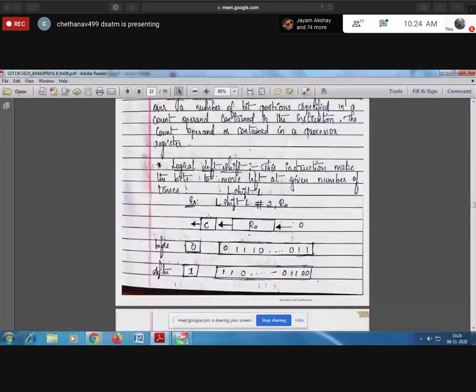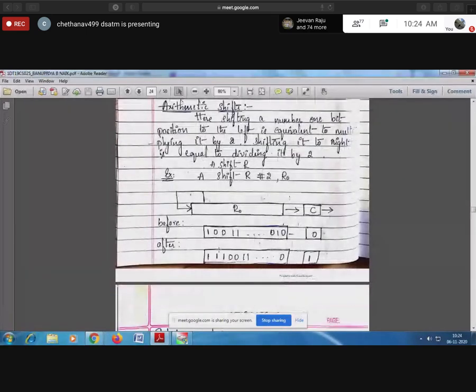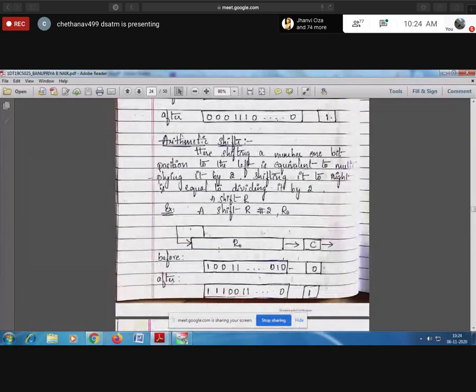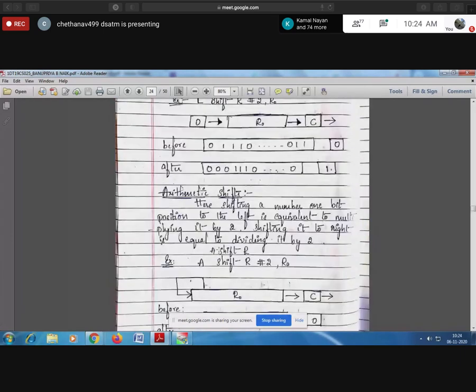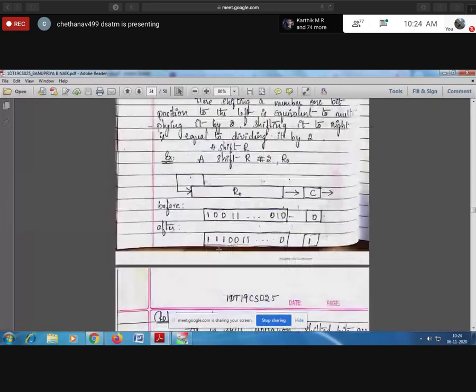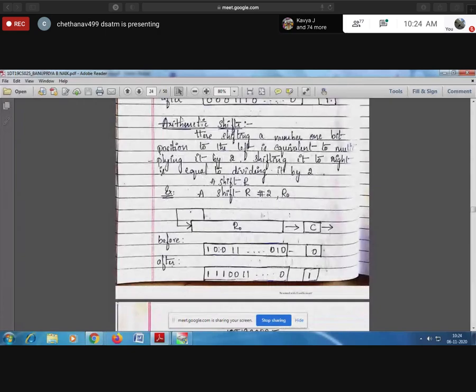Logical shift left, logical shift right, arithmetic shift. Okay, only one arithmetic shift.